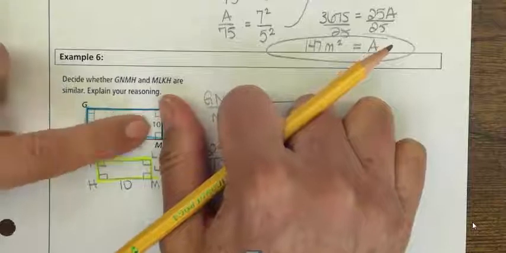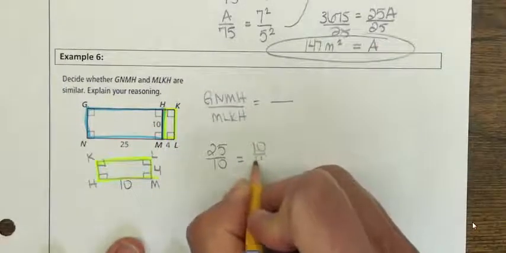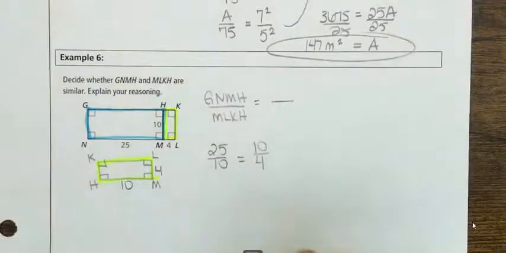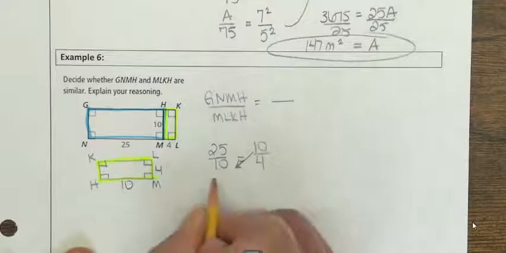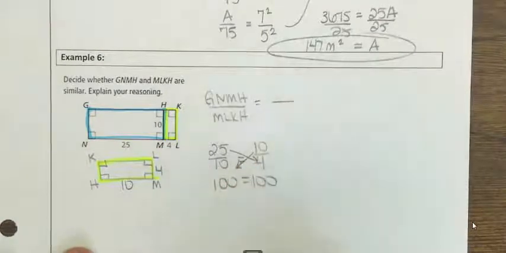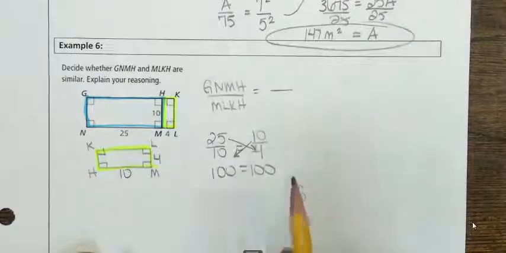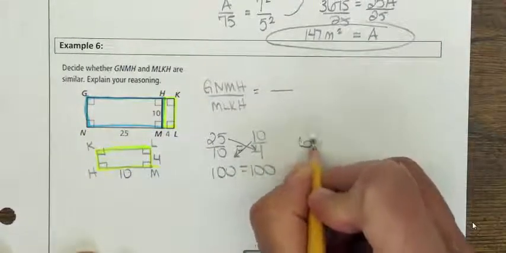It looks like 10 and 4 are corresponding sides. Okay, so let's see if these are equal. Well, this is going to give me 100, and so is that. Okay, so I know that my corresponding sides are proportional.